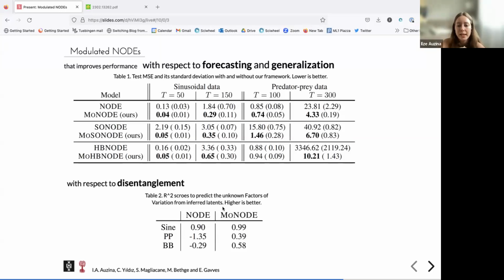A higher value would indicate better performance. We can see that our model is better on the predator-prey and bouncing balls datasets, meaning that our model is better at disentangling these factors, giving some conceptual mathematical proof of the observations we have seen in practice.